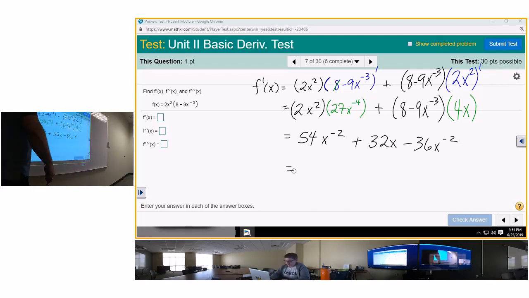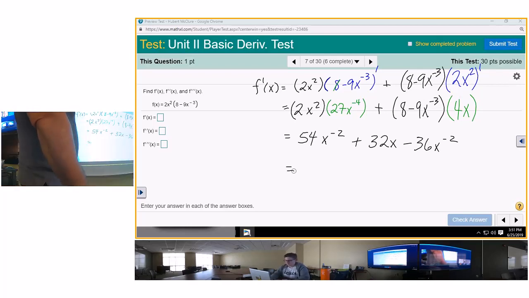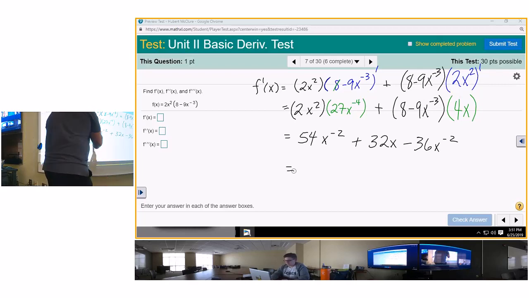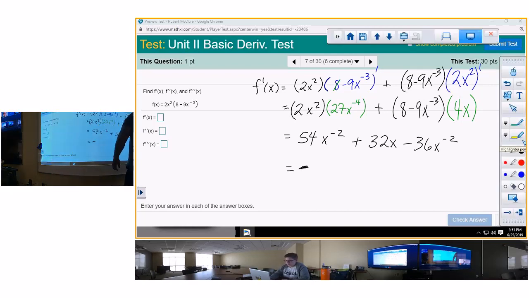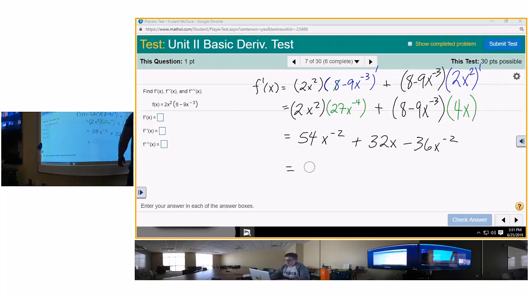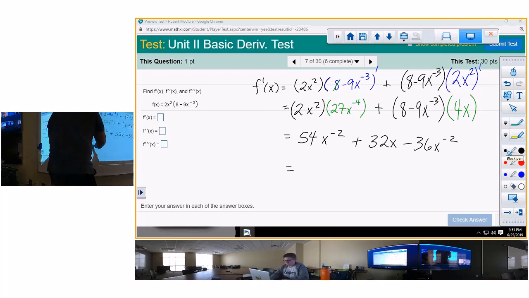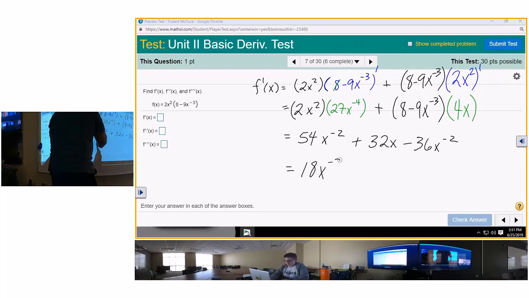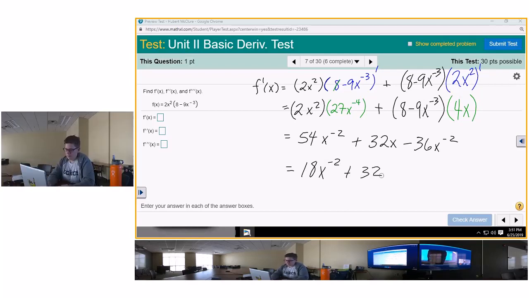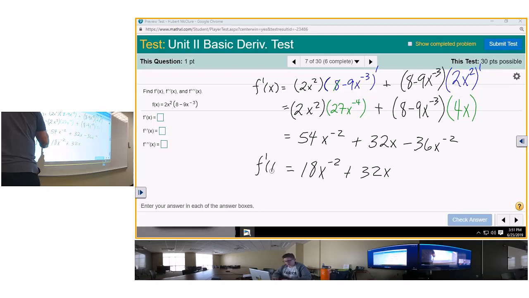And what's 54x to the -2 minus 36x to the -2? 18x to the -2. Somebody check me. Yeah, it'd be 18, right? So 18x to the -2 plus 32x. And that is f prime of x.